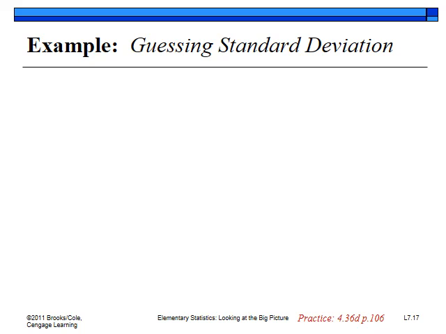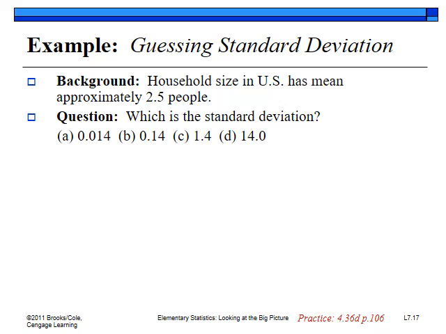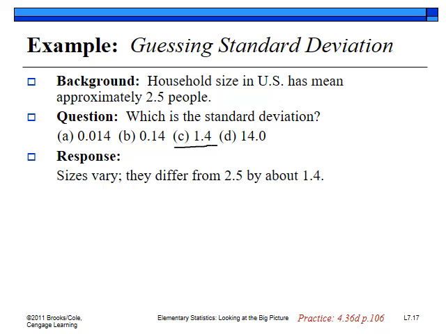Let's look at an example. The household size in the United States has mean approximately 2.5 people. Which of these is a reasonable option for the standard deviation? Well, the answer is 1.4.